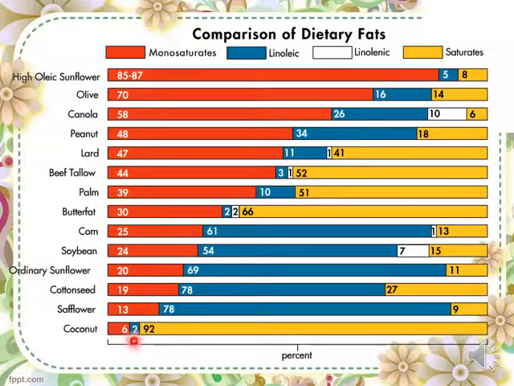And also unsaturated, linoleic and linolenic. So coconut oil therefore is oxidatively and thermally stable compared to safflower, which has a high percentage of linolenic and linoleic double bond unsaturated fatty acid.